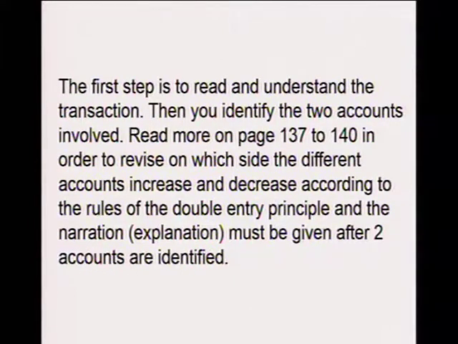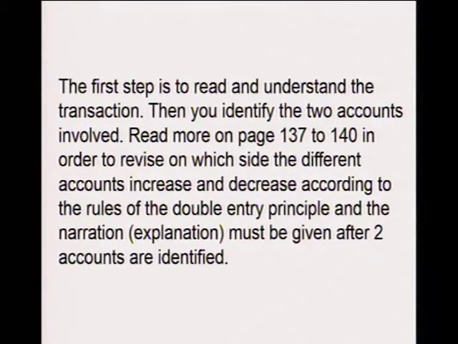Now when you are doing a general journal, students, the first step is to read the transaction. When you read the transaction, you identify the two accounts that are involved. And once you identify the two accounts, it's very important to decide which one must be debited, which one must be credited, and then of course a narration.